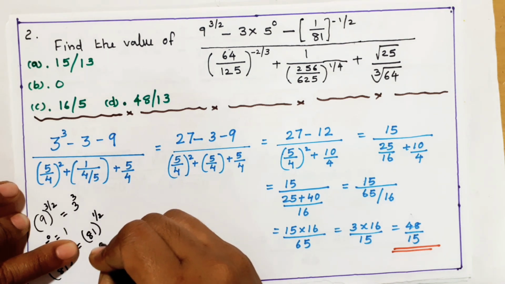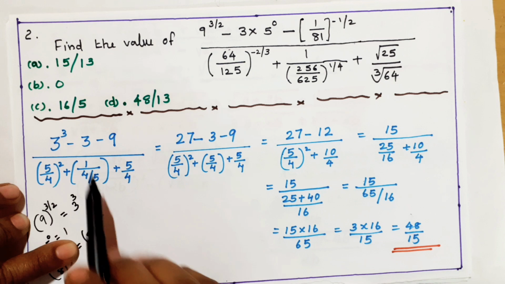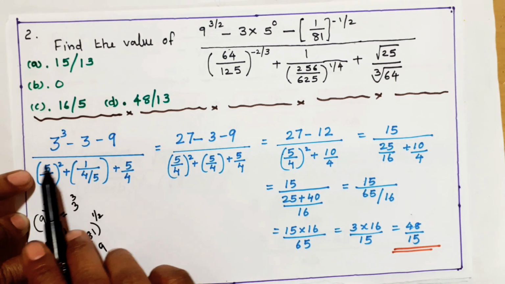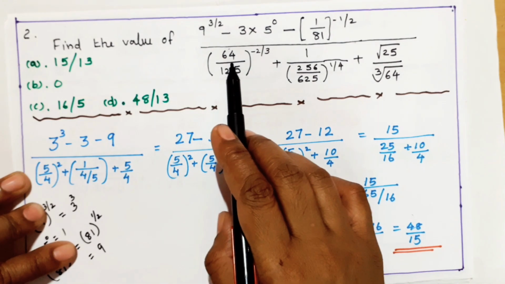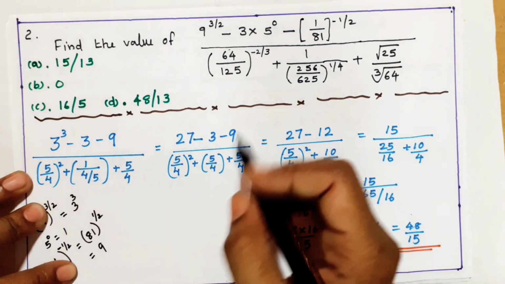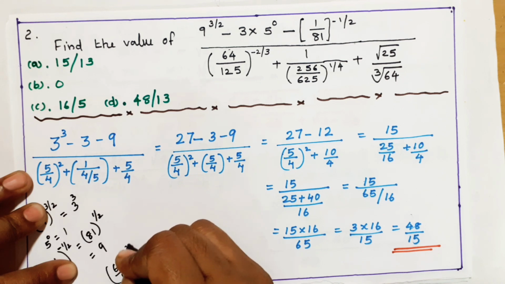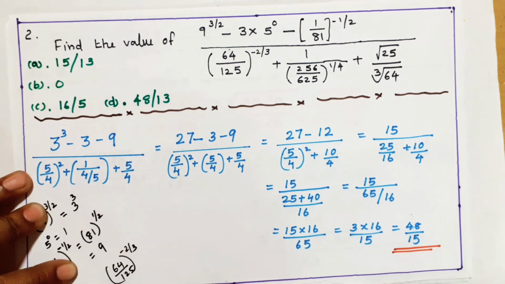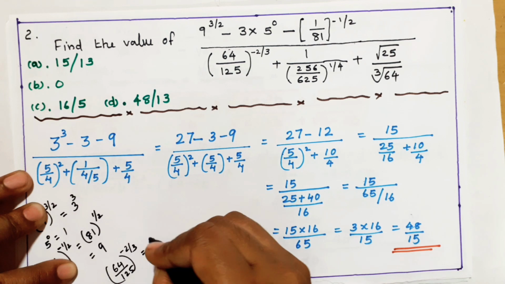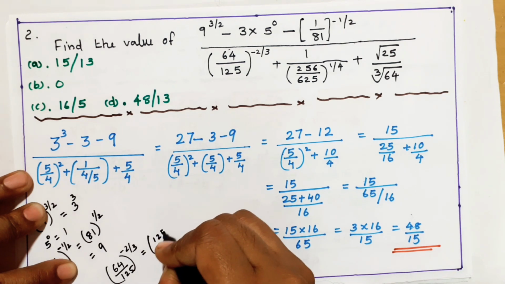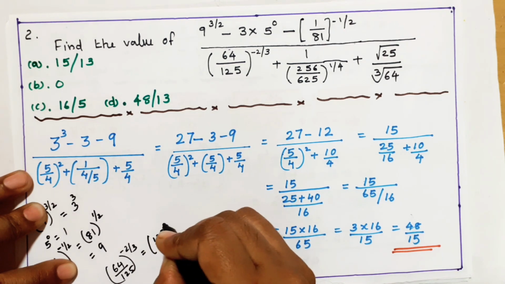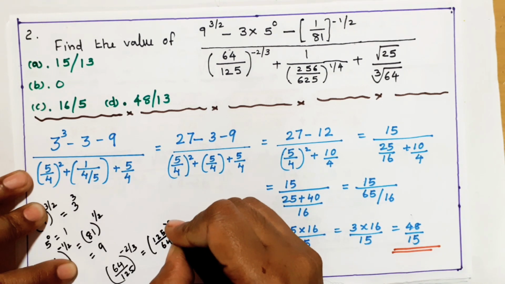Root 81 is 9. So we can write 9 divided by 64 by 125 raised to minus 2 by 3. This also you can reverse because of the negative power, so I can write this as 125 by 64 raised to 2 by 3.